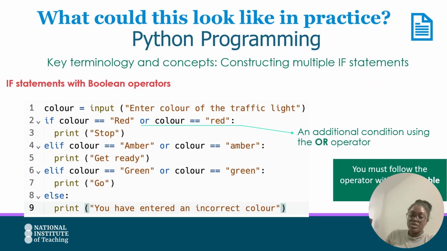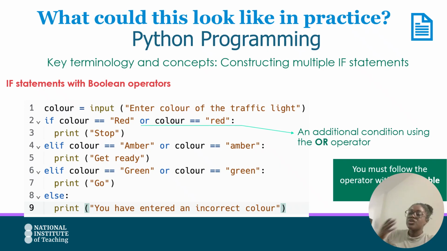So this is doing the exact same thing, but you'll notice here that on line 2, line 4, and line 6, this looks slightly different because I'm now using a Boolean operator within those lines, so my OR, and I'm checking, for example, on line 2, red with a capital R and red with a lowercase r.